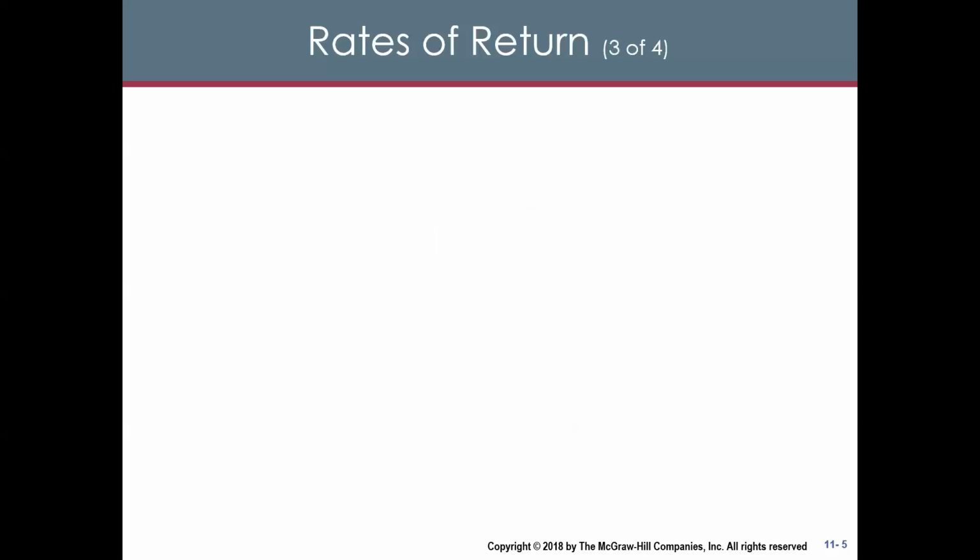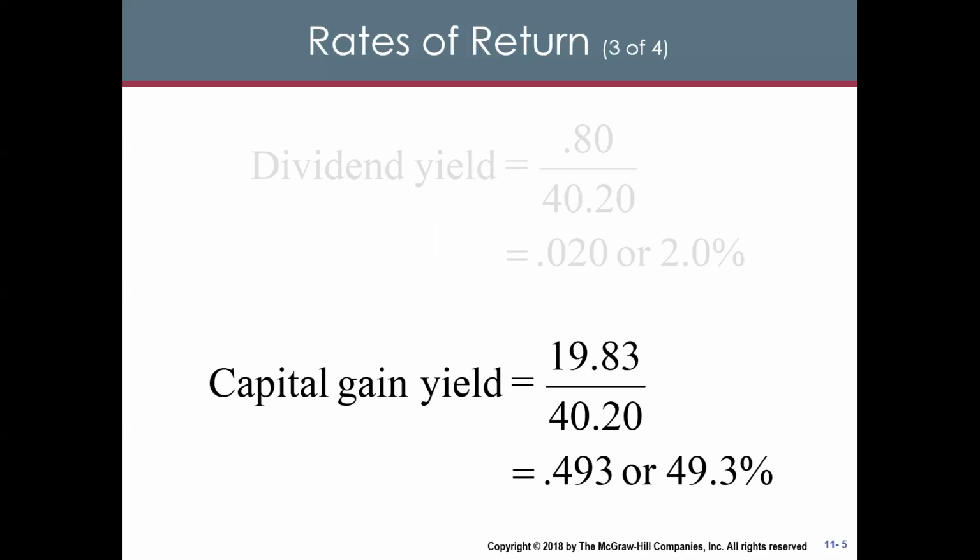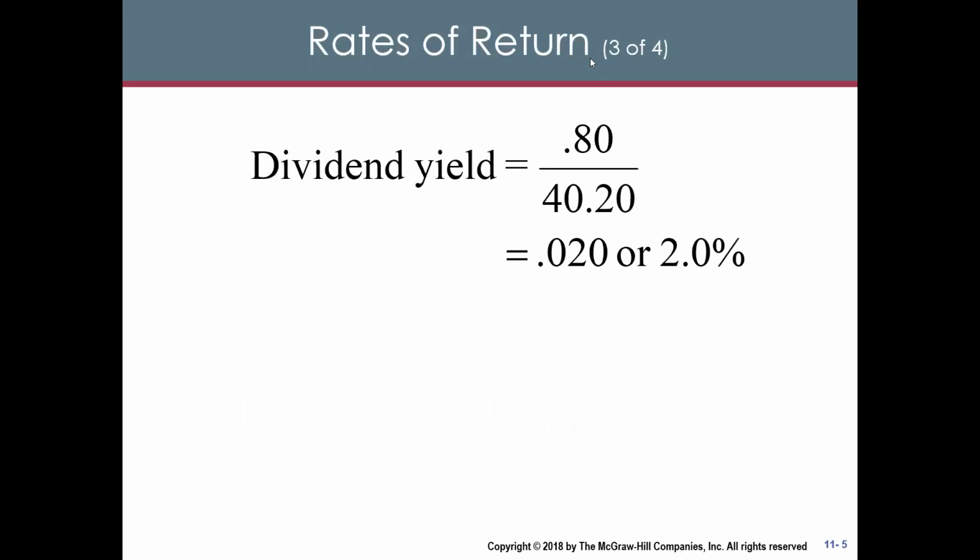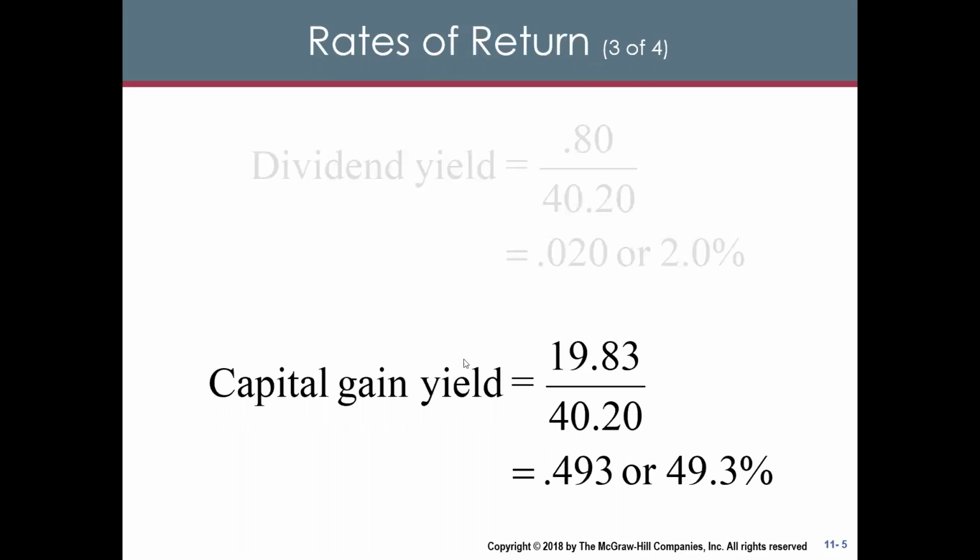In the numeric example, we receive 80 cents for the dividend divided by the initial price, so the dividend yield is about 2%. And for the capital gain, the price increased by $19.83 divided by the initial price, so the capital gain yield is 49.3%.